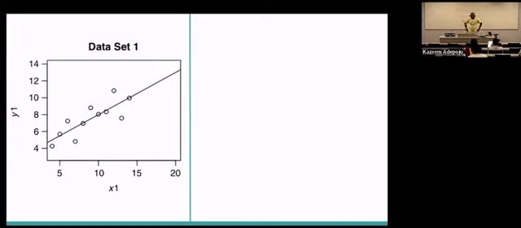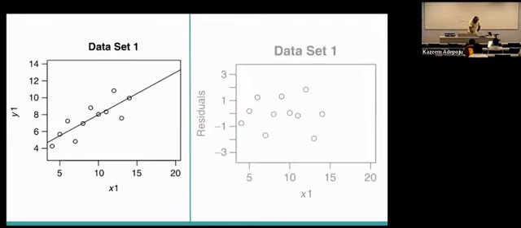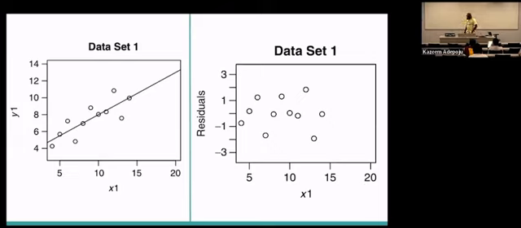The residual analysis says, even though I know from day one that the relationship looks linear, I also need to confirm it by conducting another analysis that we call residual analysis. Now, what you see on the other end is called residual plots.